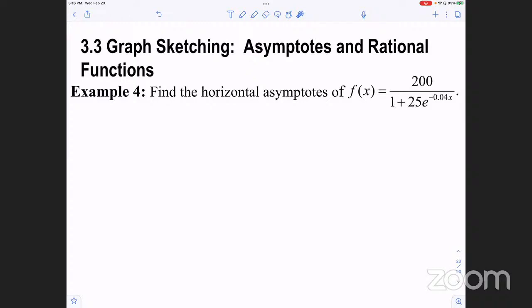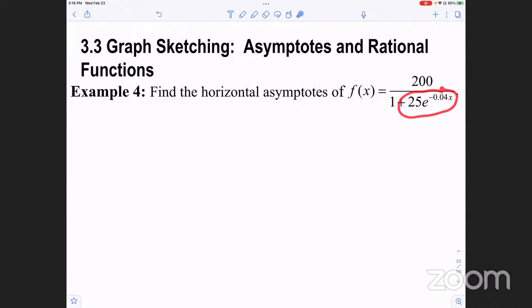Find the horizontal asymptote of this. Now we're dealing with an exponential. Let's think about this. As x goes off to positive infinity, if we focus on this term, this is exponential decay.